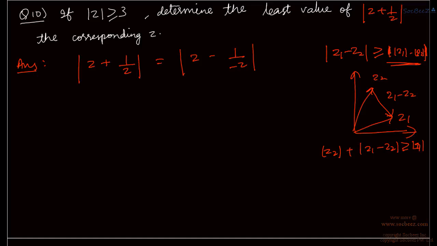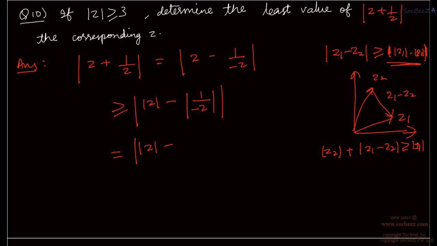So let us use this inequality, a very useful and powerful inequality. So mod of z minus 1 by z should be greater than mod of z minus mod of, now I can take 1 by minus z as my z2.